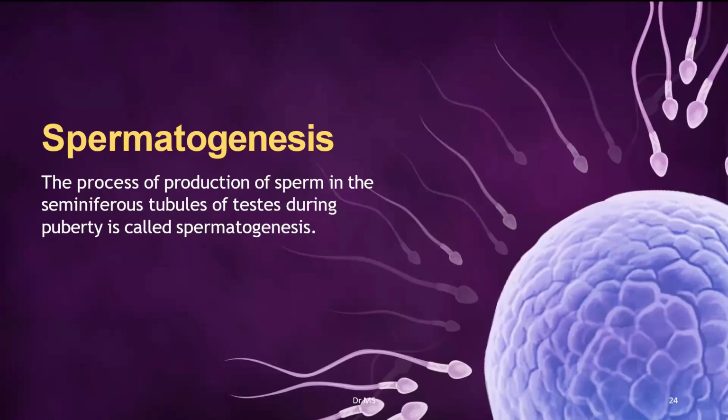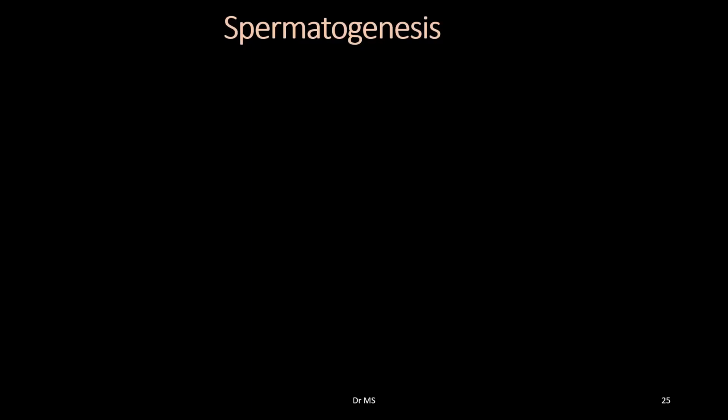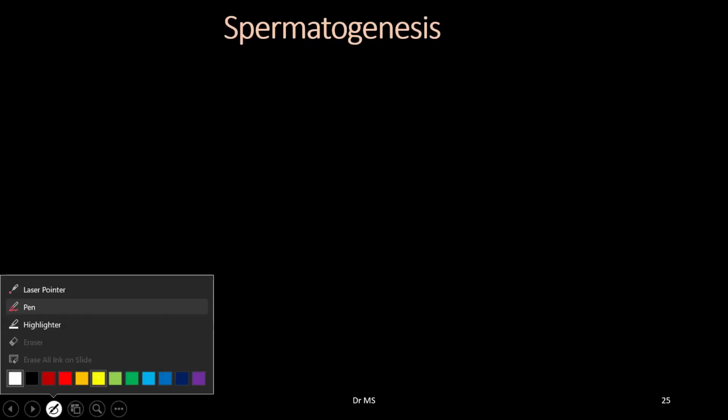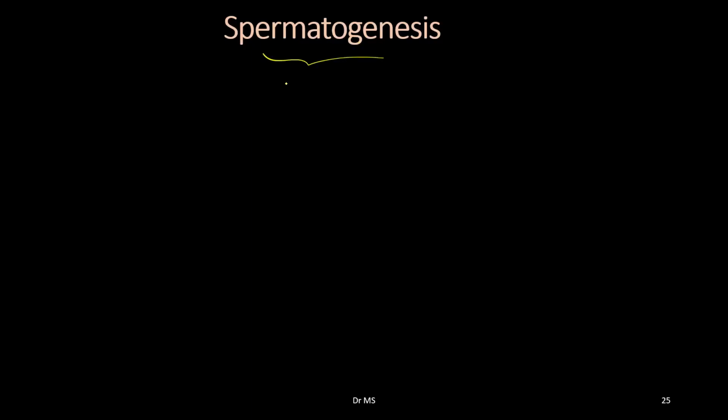So spermatogenesis is nothing but the process of production of sperms in the seminiferous tubules. This will happen once the person reaches puberty. Before puberty, spermatogenesis doesn't take place. So tell me, what is spermatogenesis? It's a process of formation of sperms.